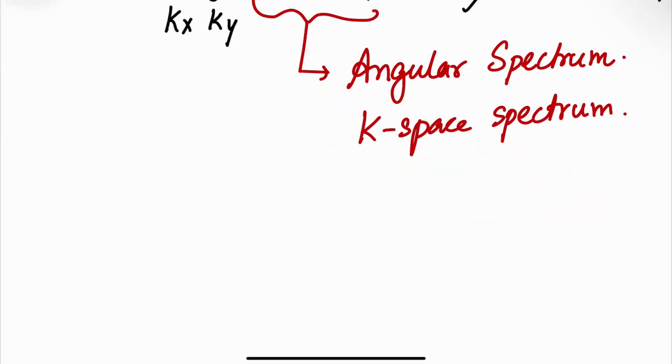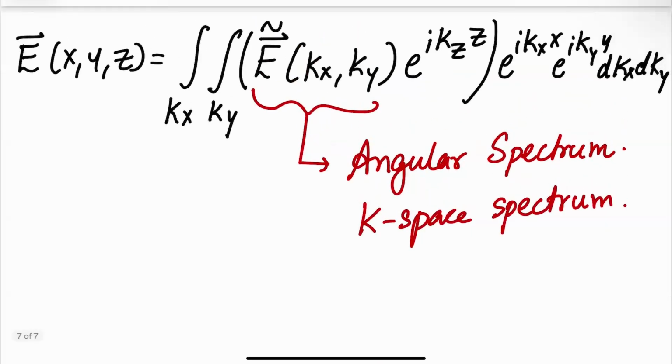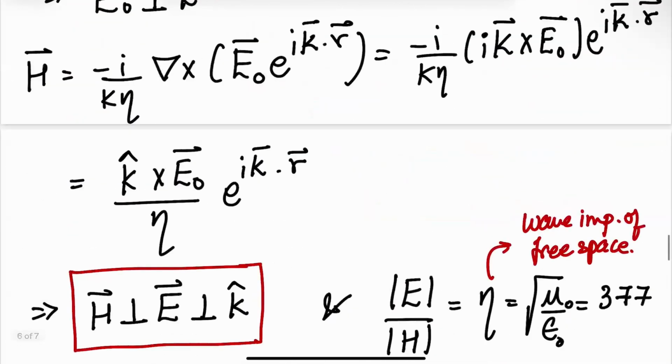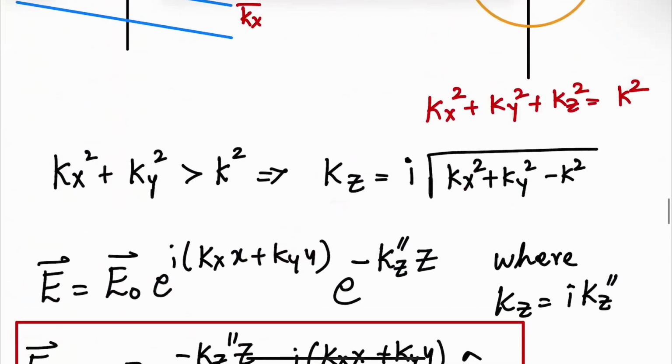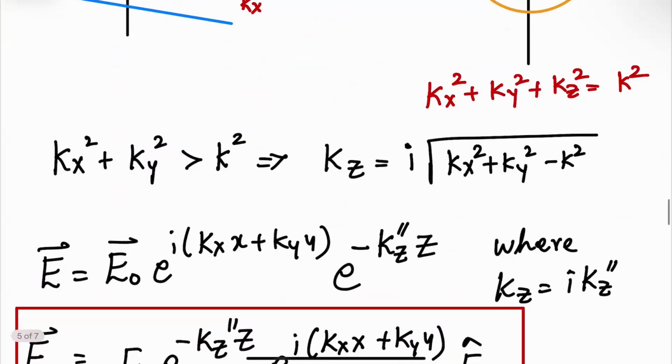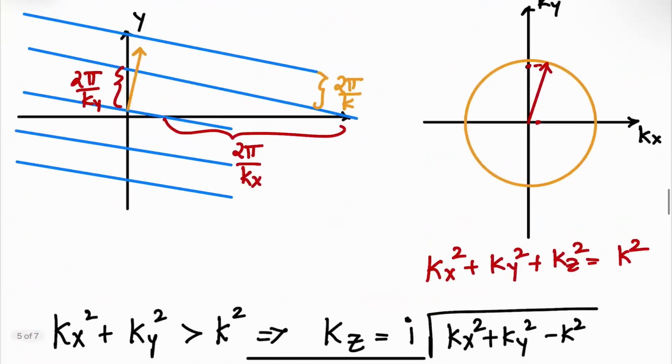Okay, so this angular spectrum, so far we've been saying it lies on the surface of a sphere, but that's only true when you have propagating waves. If you have evanescent waves like we saw, then you don't lie on the surface of the sphere anymore. Because for an evanescent wave, we saw that kx squared plus ky squared can be greater than k squared.